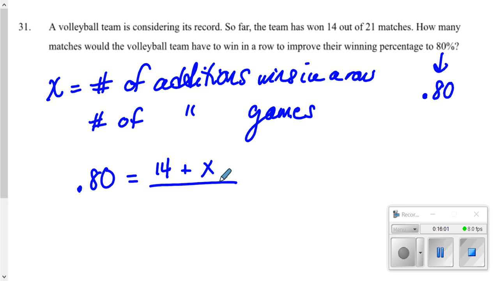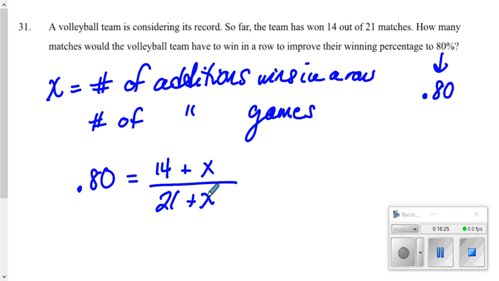And that would be out of the total of how many games they've played. And right now, they've played 21 games, but they're going to have to play X more games. So the games that they have, we're saying they're going to win them all. So that X applies to the wins and the X applies to the number of games.